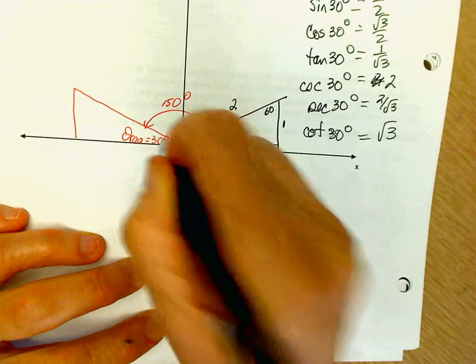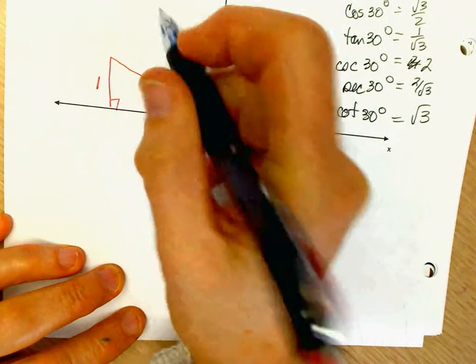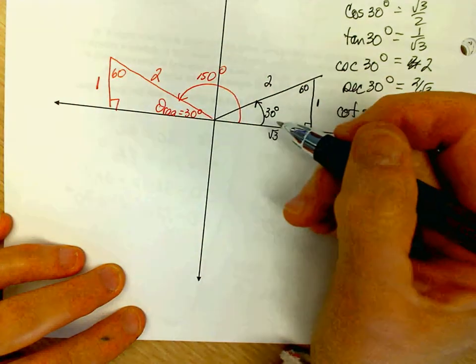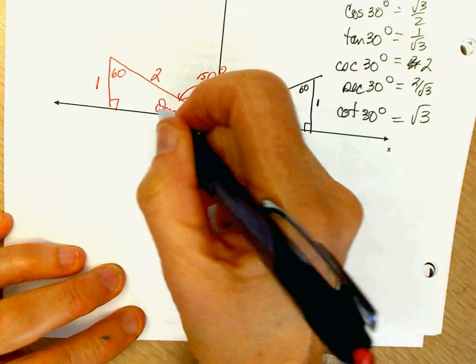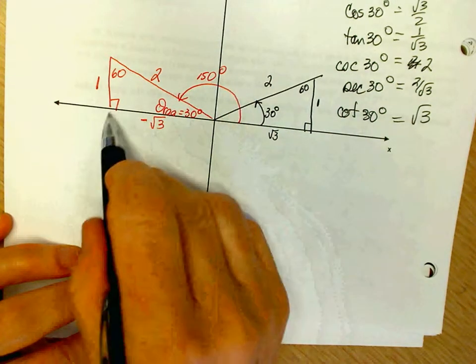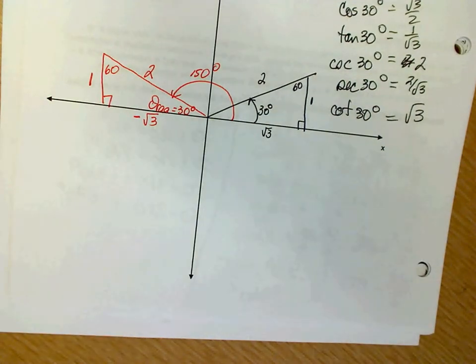So opposite the 30 is 1, opposite the 90 is 2, opposite the 60 is negative root 3. Do you see how we're to the left here? So far, so good? Is there anything there that looks strange to you, or does it all look strange?